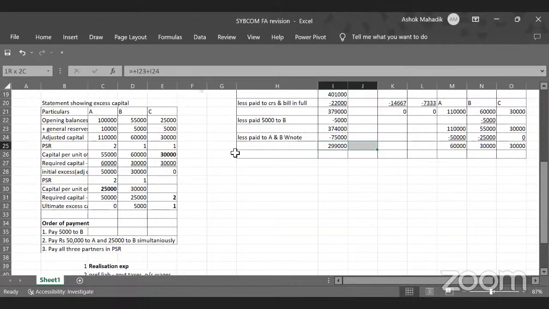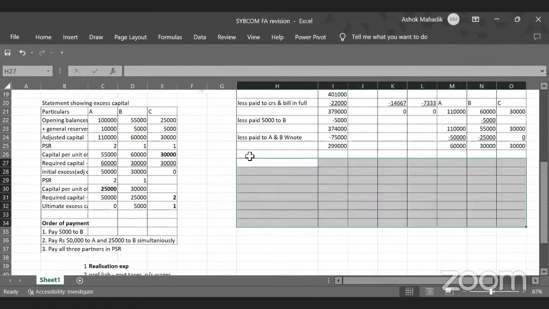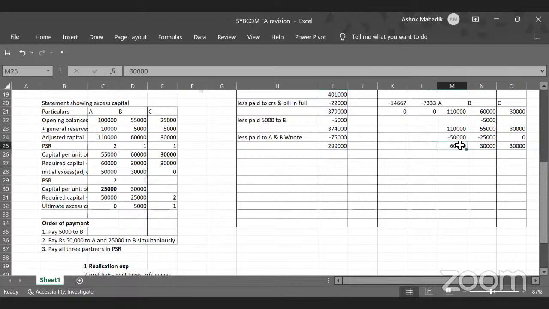I told you there is a check. Now what is a check? You will understand whether you are going right or wrong at this stage. After the second order is paid, you can check if the remaining capitals of ABC are in their PSR, then you are going in the same order, on the right path.